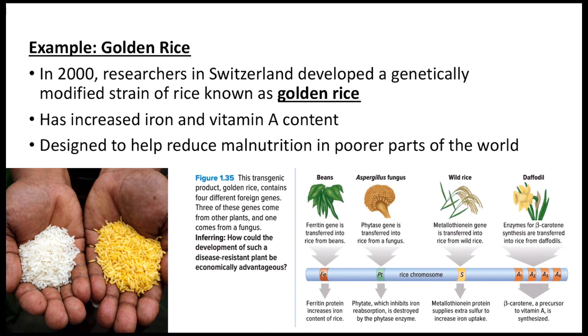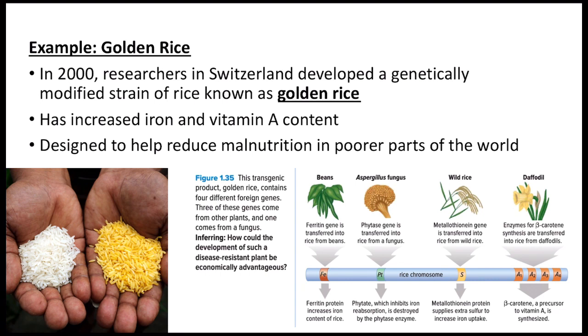So golden rice has 4 different foreign genes. It has something called ferritin, which increases iron content. It has an enzyme that makes it easier to absorb iron, and then a protein that makes it easier to increase your iron uptake.